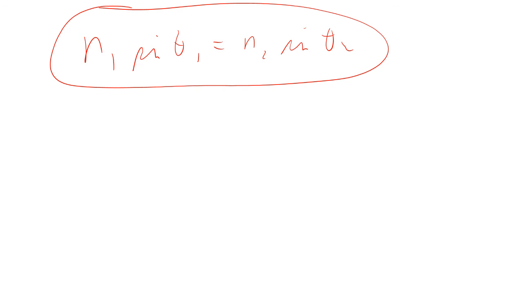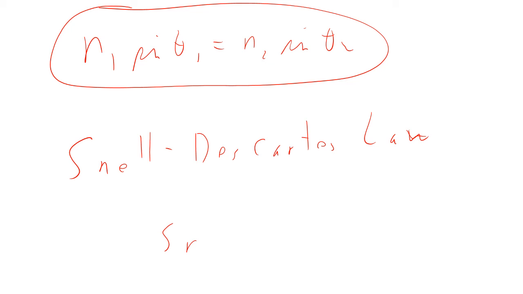That is what we call the Snell-Descartes law, or sometimes it's just called Snell's law. It kind of misses out on what Descartes did with it, but that is our basic relationship for refraction.